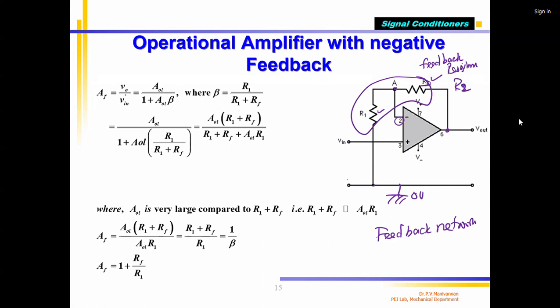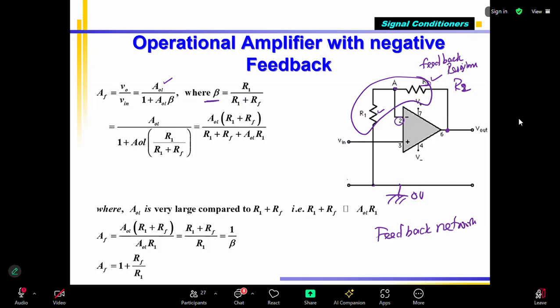Okay. AF equals V naught divided by V in, which can be represented as AOL divided by 1 plus AOL times beta. What is beta? Beta is R1 divided by R1 plus RF.